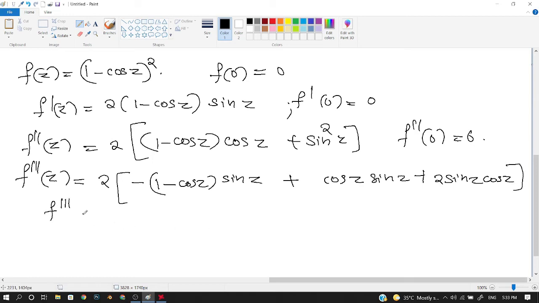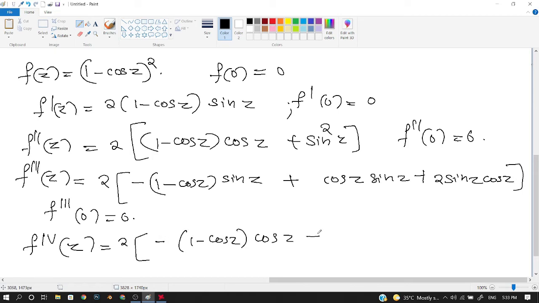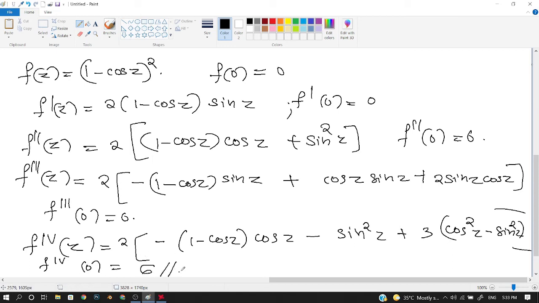And f triple dash of 0 is 0. Now f fourth dash of z equal to 2 into minus of 1 minus cos z into cos z minus sin square z plus 3 times cos square z minus sin square z. And f fourth dash of 0, when you substitute the values, is equal to 6, that is not equal to 0.